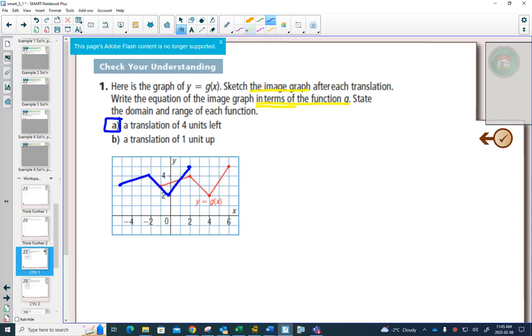My new equation is going to be y equals, and since it has been moved 4 units to the left, that would be inside the function. The function that I have is the function g. I would write it as g of, and then inside, x plus 4.